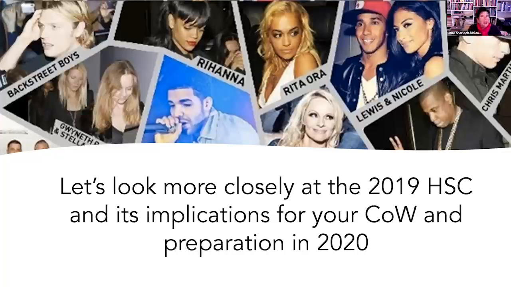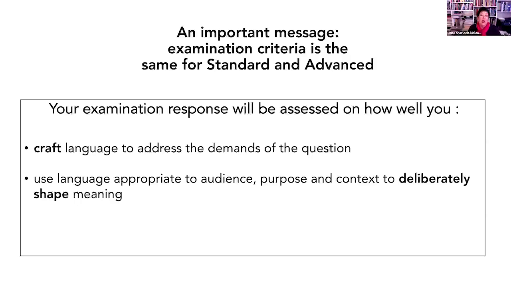And I'm not saying this is going to be repeated, because it's not. But it will be a wonderful opportunity for you in your class time to actually workshop this question in groups, in pairs, and then individually. Please note that the exam criteria is exactly the same for Standard and Advanced, and the focus is on craft.